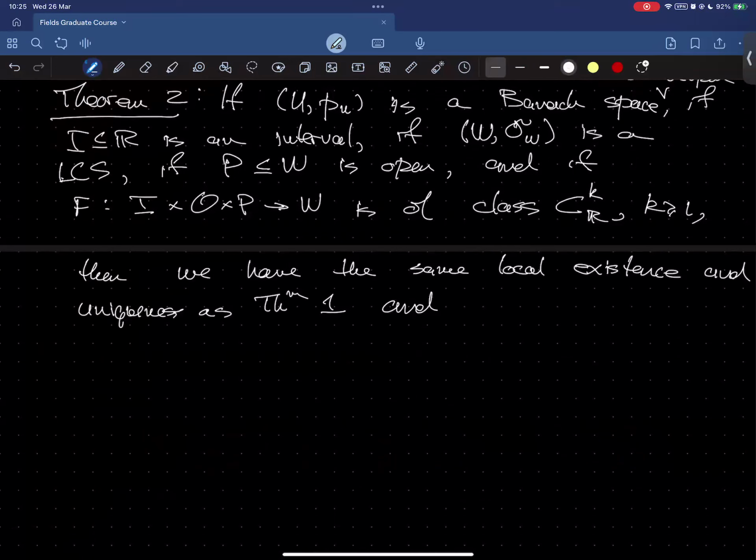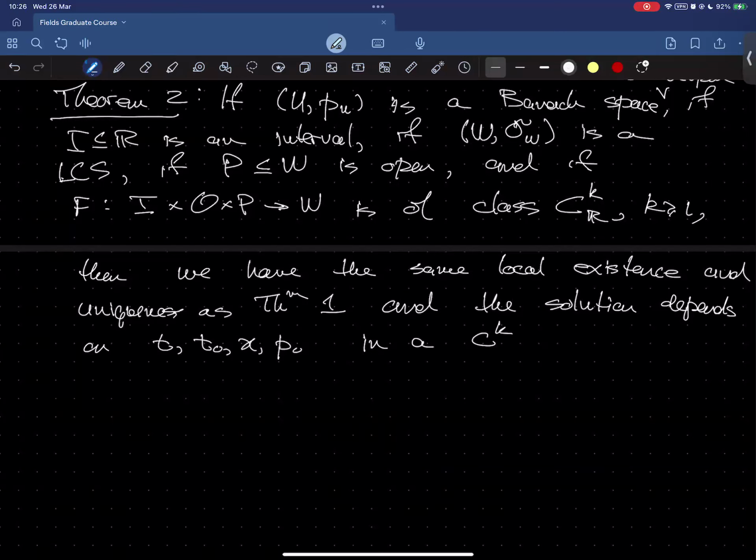And the solution depends on t, t naught, x naught, and p in a C^k manner, meaning it's C^k.